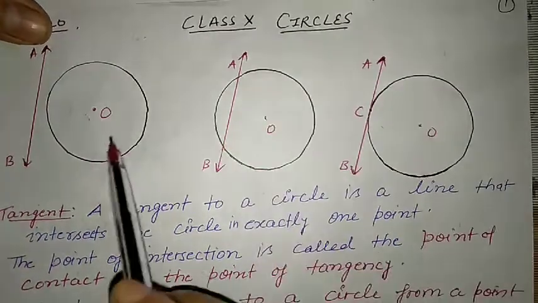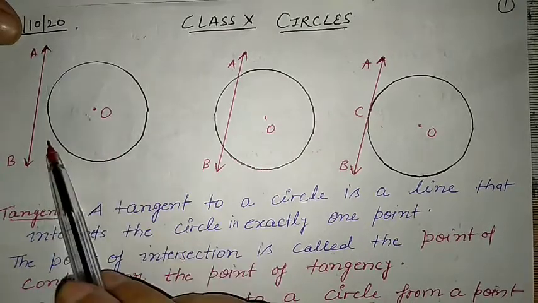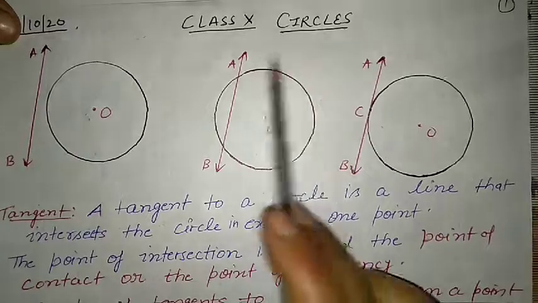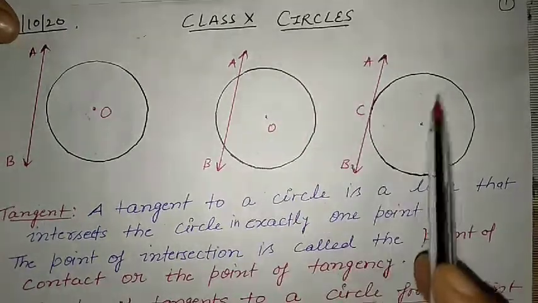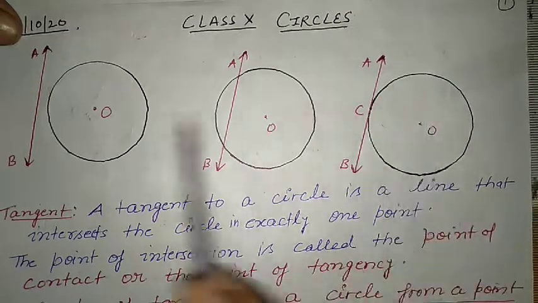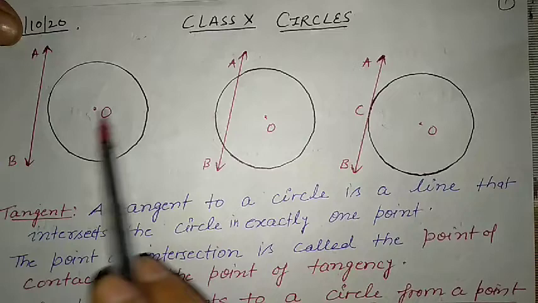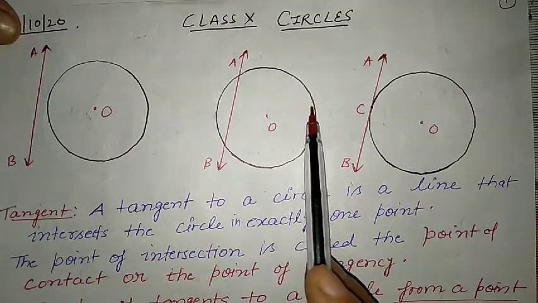Okay, so we will consider here a circle with center O and a line AB in the same plane. The following figures illustrate the possible relative positions of the circle and the line.